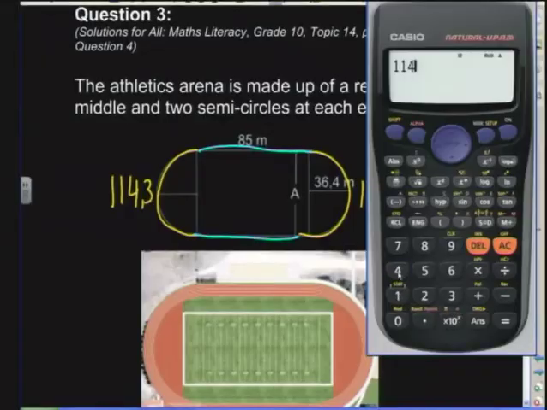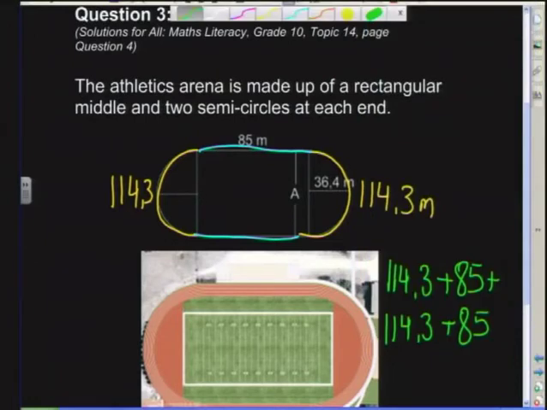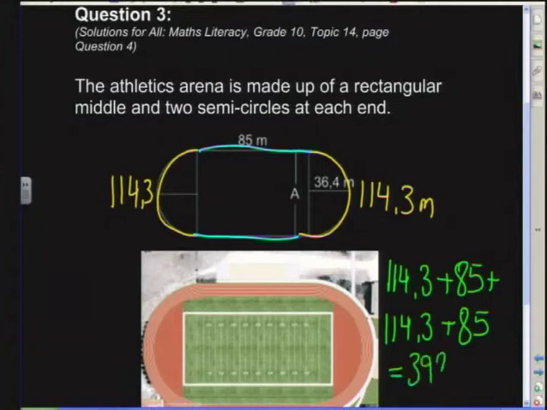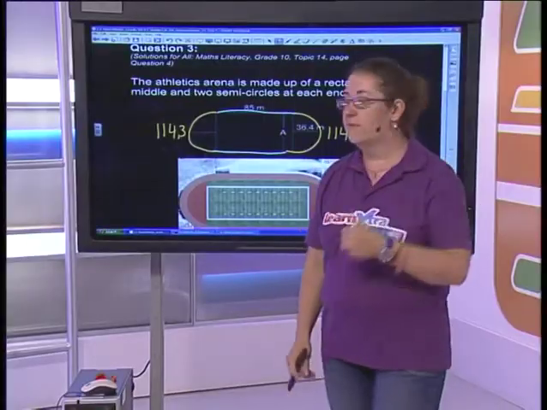We had 114,3 plus 85 plus 114,3 plus, careful as you're entering, I left out a 1, and finally plus 85. And my perimeter is 398,6. So that equals 398,6. And remember that was meters, so close to 400 meters.